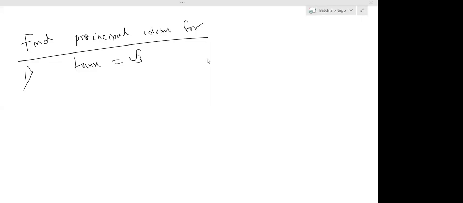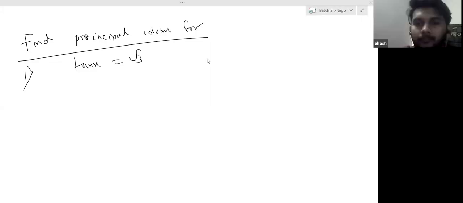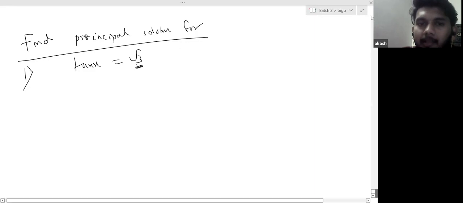Anyone solve this? Okay. So the first step is to see at what angle tan x is root 3. Tan x is root 3 at pi by 3. So theta is pi by 3.